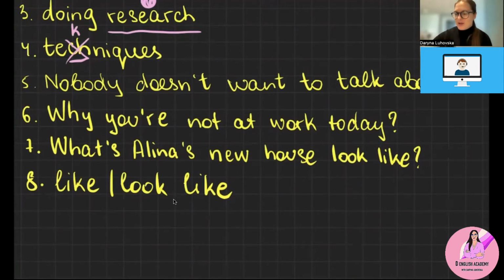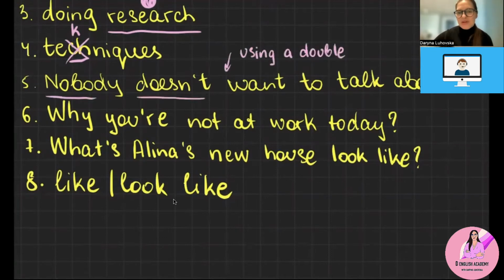So here we're using a double negative. In English, you cannot use a double negative. Since you already have "nobody", you don't need to have another negative. So how can we improve this sentence?